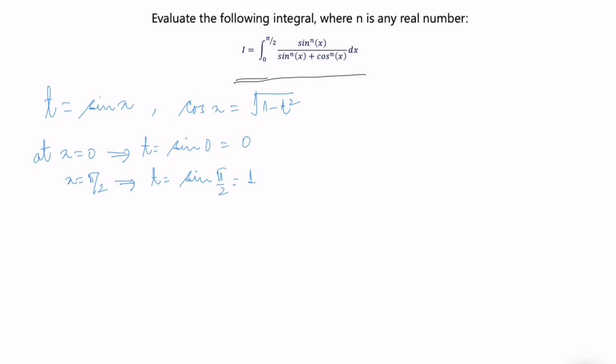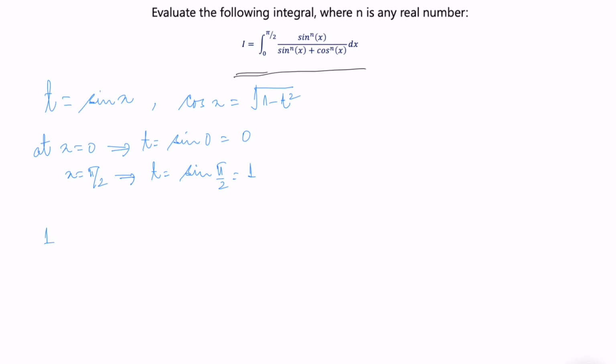So then my original integral I, instead of 0 to pi by 2, I'll integrate over t, not x anymore. So it becomes 0 to 1. And then there is something which will come here, and then there is dt. Now, how do I express dx as a function of dt?